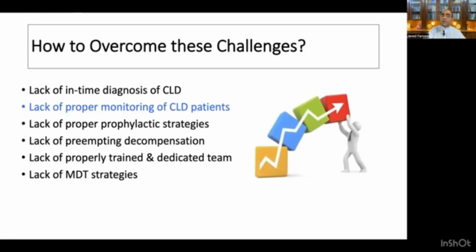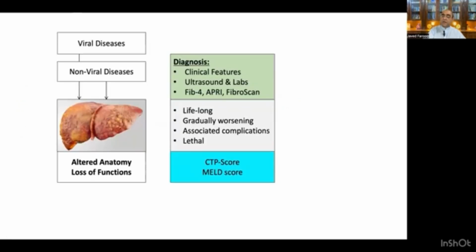What about the lack of proper monitoring? We make the diagnosis, we have made the patient has got chronic liver disease, but as I told you, the proper monitoring of these patients is not done. It's not rocket science, it's not that difficult. Just the CTP score and the MELD score should be regular parts of the follow-up notes of these patients.